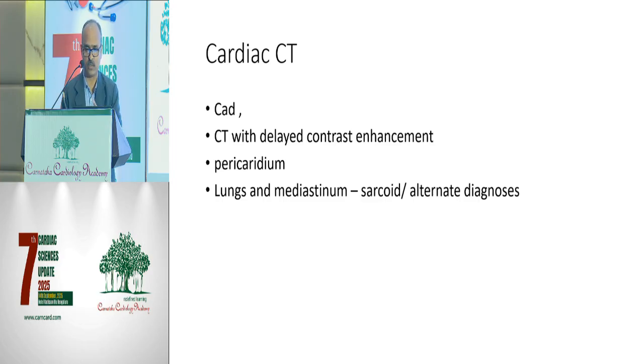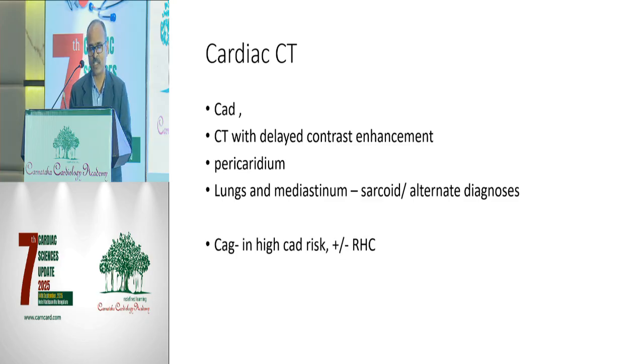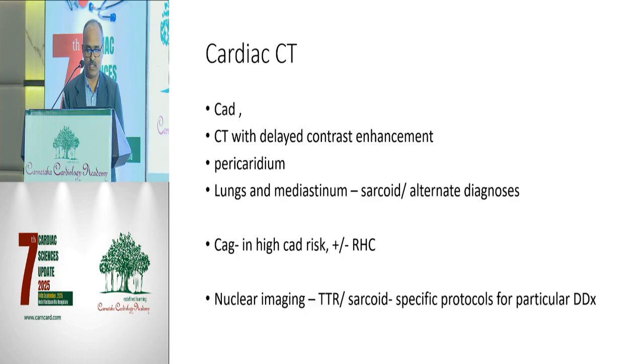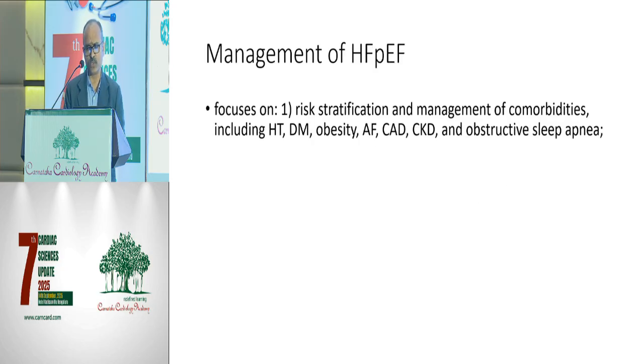It will also tell us about the pericardium, lungs and mediastinum, which can give us alternative diagnoses as well as cardiac diagnoses like sarcoid. If the risk for CAD is high, we have to do an angiogram, and can include a right heart cath to see the PA pressures and capillary wedge pressures. Nuclear imaging helps in the diagnosis of amyloid or sarcoid, and there are specific protocols. Unless you know which one to order, you should learn it and then order them.